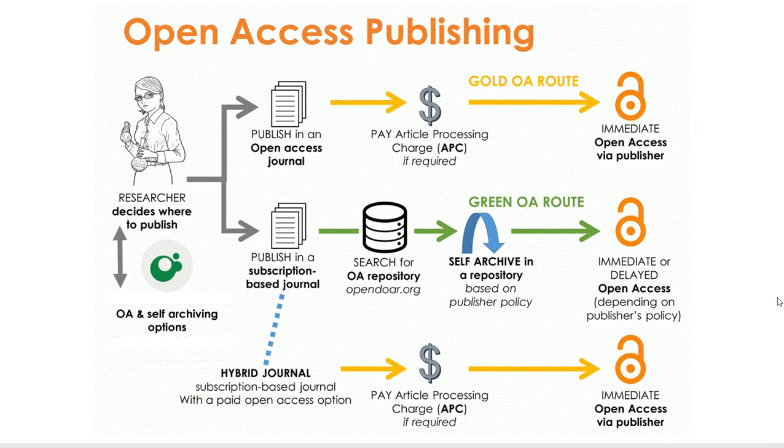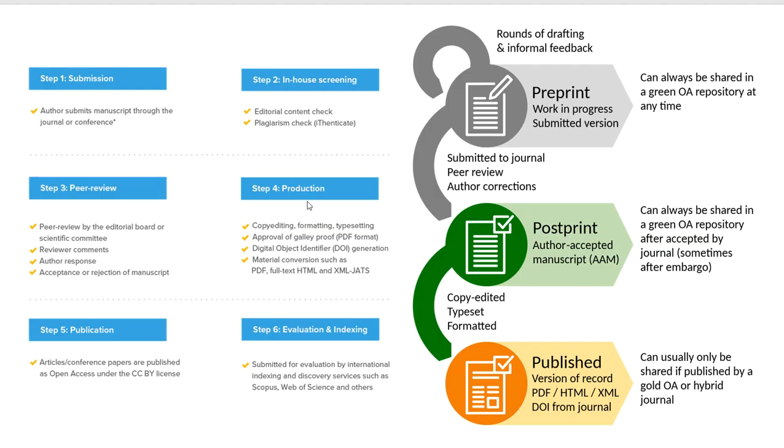Okay, if you want to submit your paper, generally it goes through either preprint, postprint, or published. Everyone knows the publication channel, but before the publication channel, without review, your paper will come online, generally called a preprint.